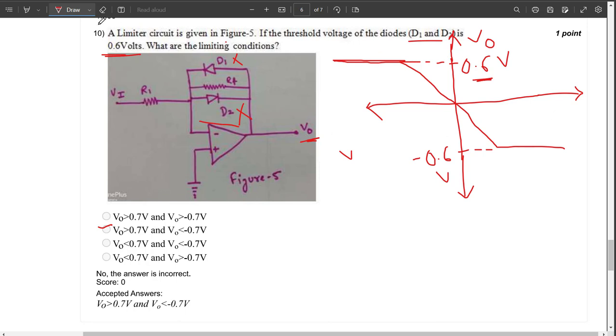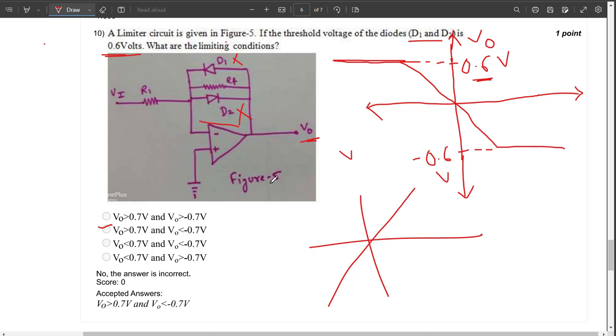So what happens basically is a limiter circuit limits the voltage VI in such a sense that VI can be anything. Okay, our VI can go like this, right?